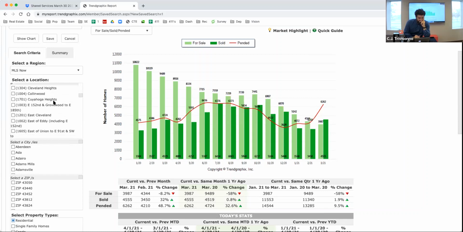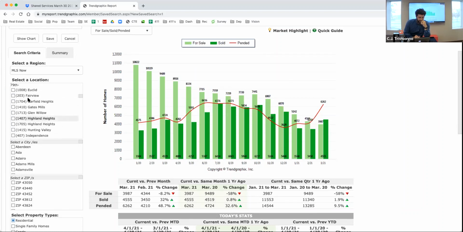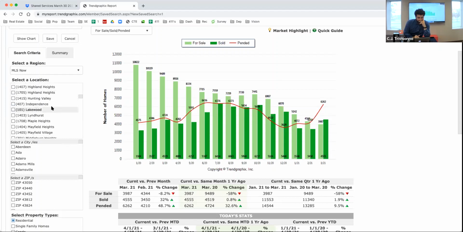What do you guys want to look at? Let's look at a few cities and we'll play with this. Let's say we have someone looking in Solon, Pepper Pike, and Aurora. Well, Aurora is a different county. In MLS, Solon is what, South Solon? North Solon? I think South Solon is somewhere totally different, in a totally different part of the state.